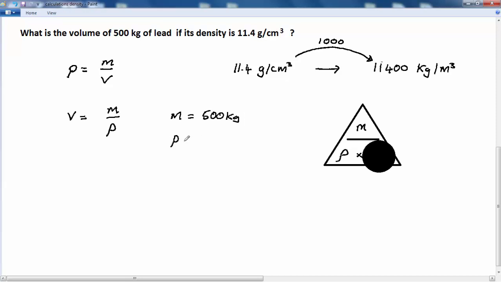The density is equal to 11,400 kilograms per cubic metre. Substitute those values in. That gives us 500 divided by 11,400, which is equal to 0.044 cubic metres.